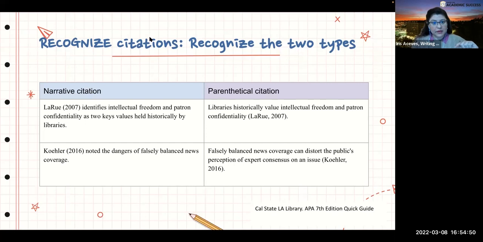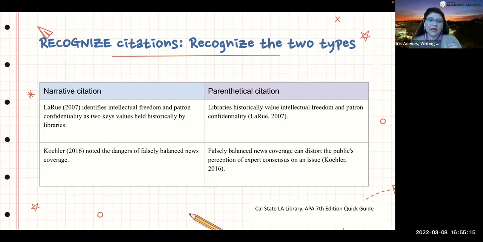So we can see the first example of a narrative citation. This comes directly from the handout that Letty is going to link us to. You can seamlessly integrate this into your paper by writing something like LaRue, which is the author's name, and the year 2007, identifies intellectual freedom and patron confidentiality as two key values held historically by libraries, right?